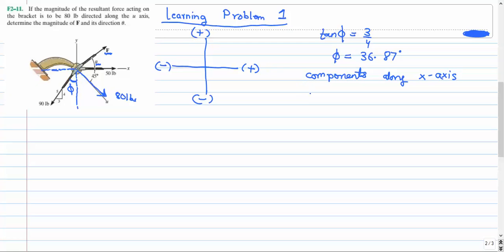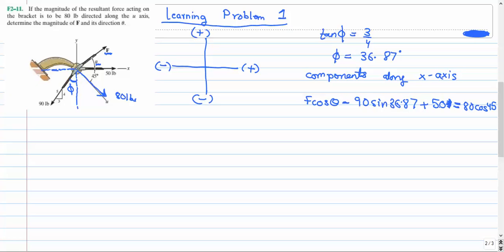So let's do that. F cos of theta, this is the x component of the force F, minus 90 sine of 36.87. I put a minus sign since the force was in the negative x direction, plus 50 pounds should be equal to the x component of the resultant force, which is 80 cos of 45 degrees.